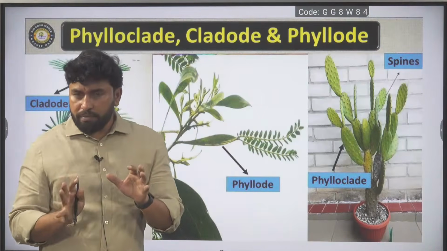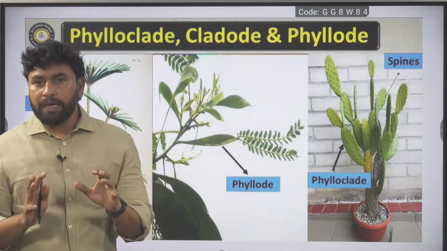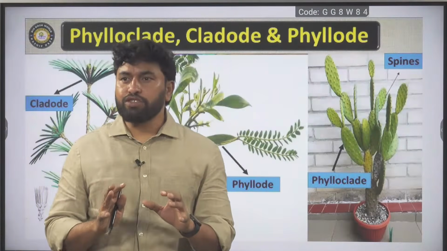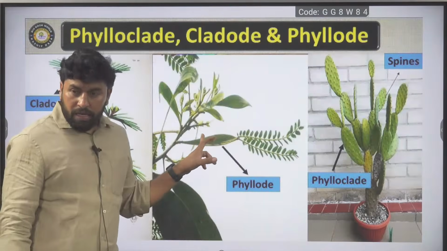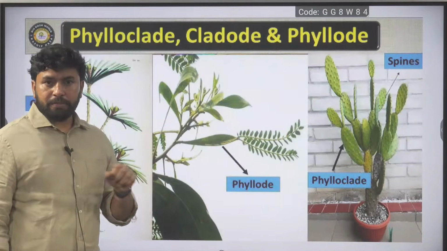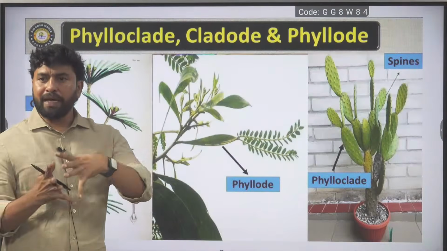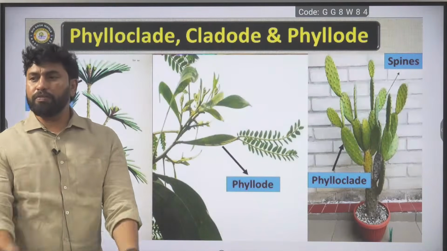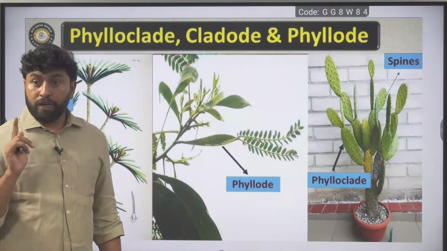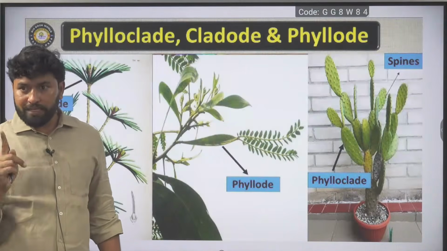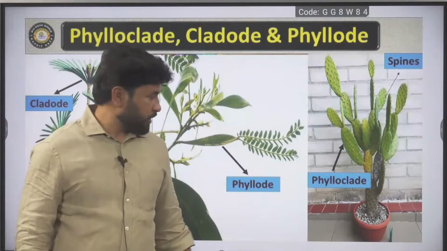Actually, the leaf blade is the place where photosynthesis has to take place. But in case of Acacia species, the leaf petiole gets expanded and is able to perform photosynthesis. This phenomenon is called phyllode.